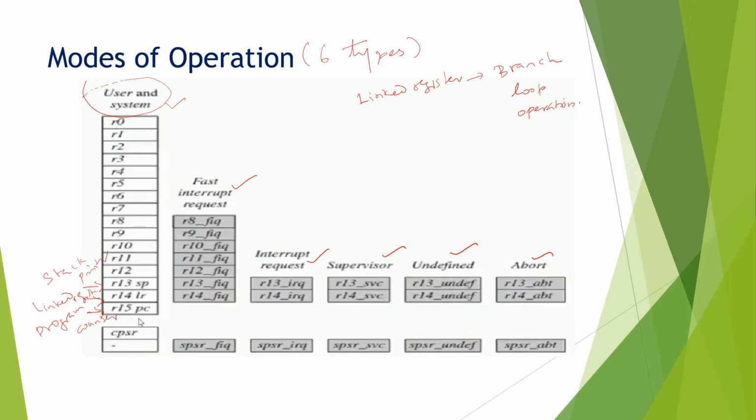So whenever it comes out of that loop, the branch address or loop address will be stored in this link register, so that after execution of the interrupt or subroutine, it can come back to the main function by referring to the link register address. So the link register is mainly used to make the program execution get back into the main loop once the subroutine or the interrupt operations are completed.